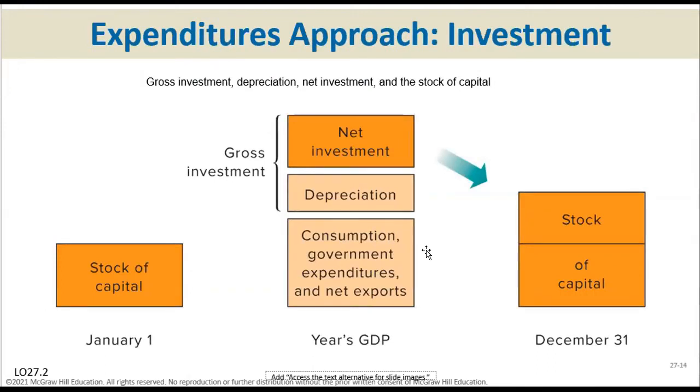Investment: when gross investment exceeds depreciation during a particular year, you have net investment. The net investment happens because you had a gross investment and a consumption of that investment, which we refer to as depreciation. So if the gross exceeds depreciation, you have something left at the end of the year, which is your net investment.